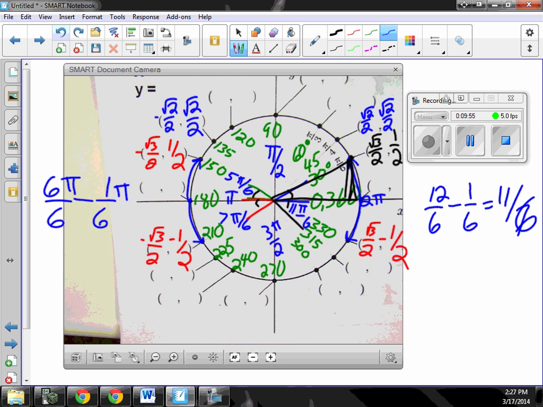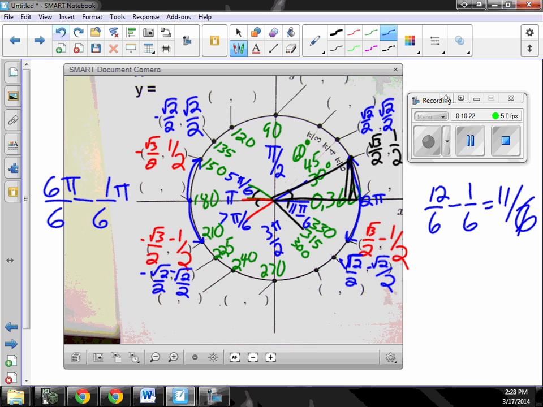Okay, quadrant 3, they're both negative. Good. And quadrant 4, just the y value is negative. Oh, that's positive, sorry. Okay.